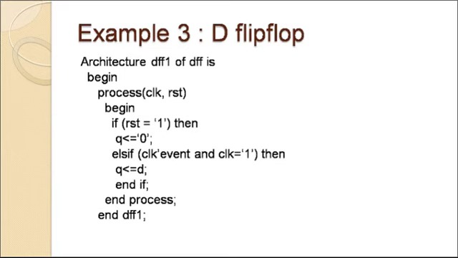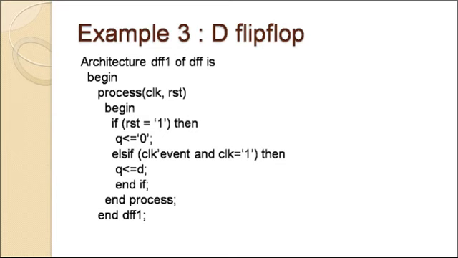Now how is the architecture of this D flip-flop written? If you want to write the D flip-flop, quite obviously you can write it in data flow also, but it is quite difficult to write this VHDL code in a data flow modeling style. Because what is the working of a D flip-flop?